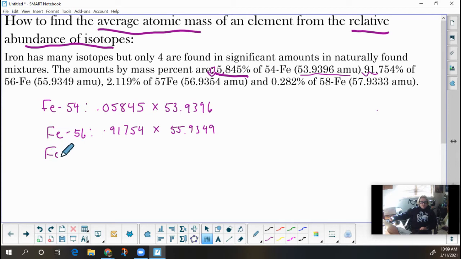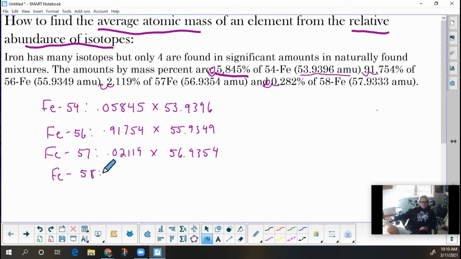Next one is iron 57, and it's going to be 0.02119 times 56.9354. And last but not least is the one that appears the least in nature, which is iron 58.